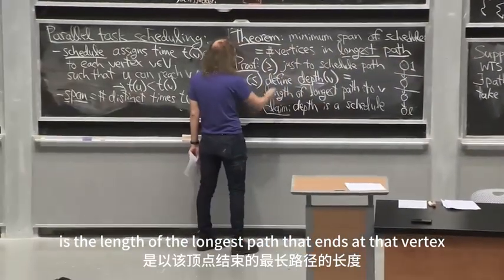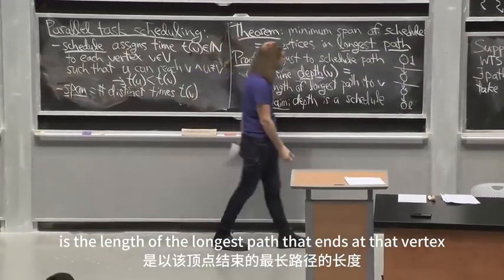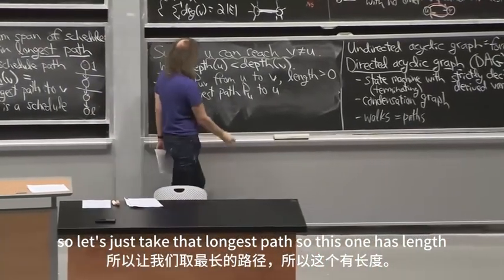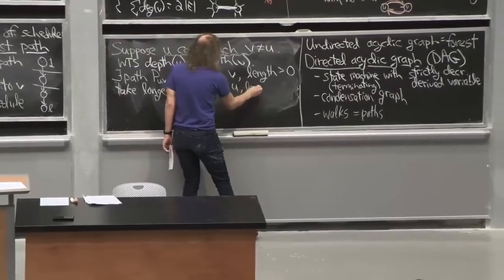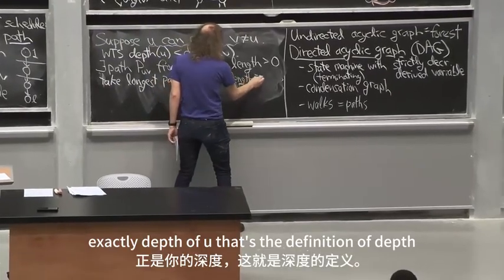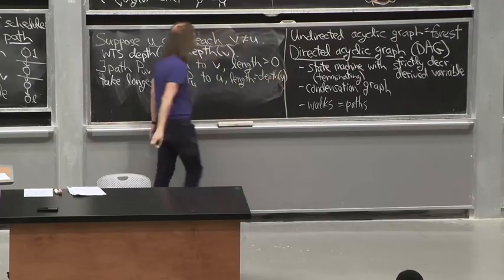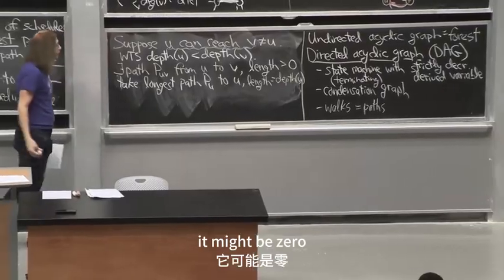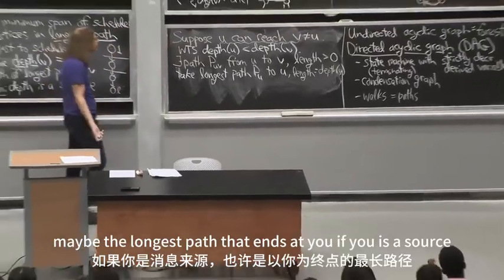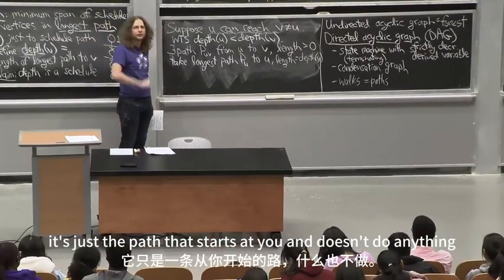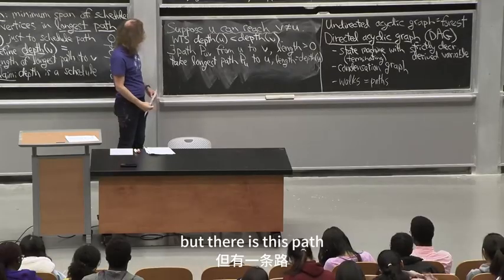Depth is the length of a longest path that ends at that vertex. So let's just take that longest path. This one has length exactly depth of u. That's the definition of depth. It might be 0. Maybe the longest path that ends at u, if u is a source, is just the path that starts at u and doesn't do anything. But there is this path.